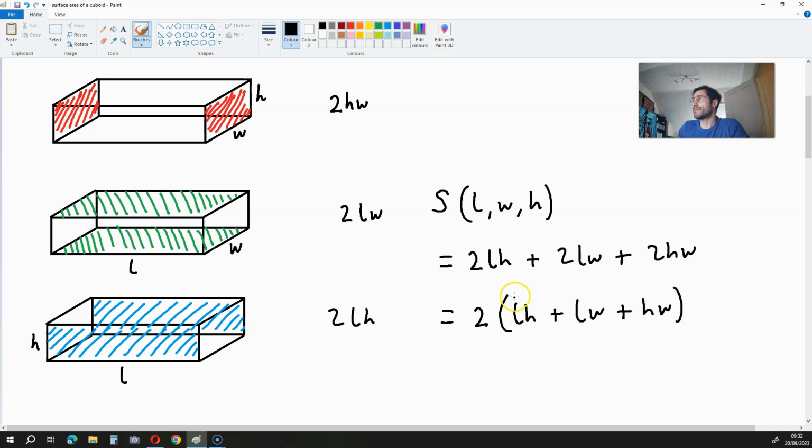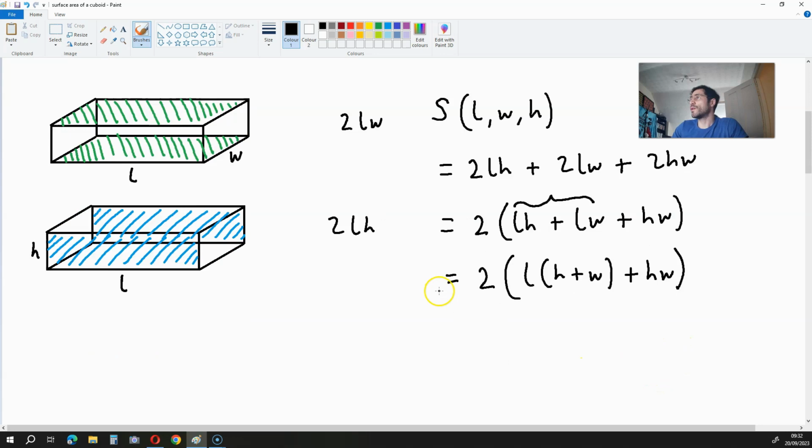But over here, we've got L multiplying H, and we've also got L multiplying W. So what we can do is say that the surface area is 2 times, in brackets, L times H plus W, in brackets, plus HW.